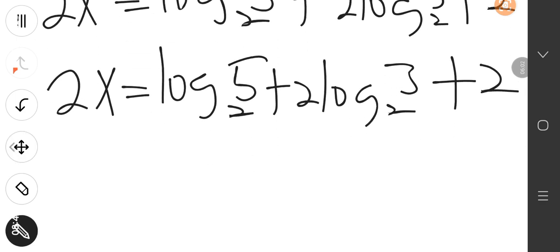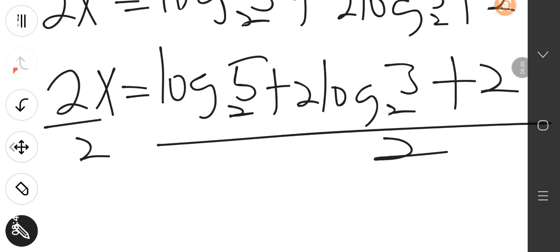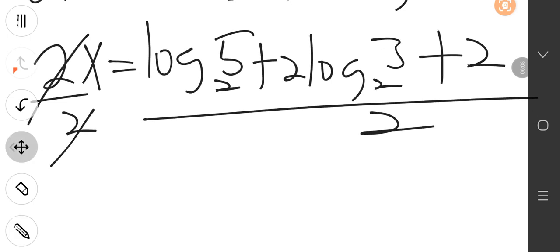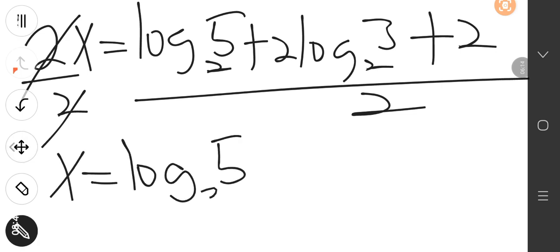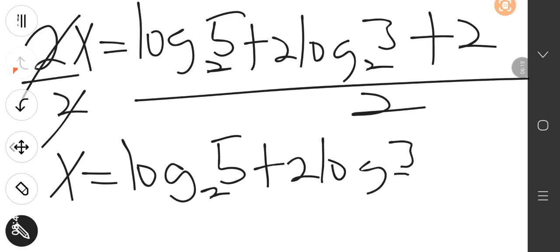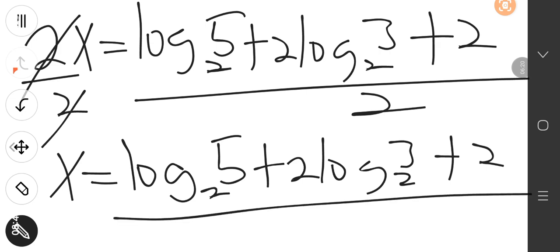Now make x the subject of the equation. So you divide here by 2 and then here by 2. Okay, so our equation becomes x equals log 5 base 2 plus 2 log 3 base 2 plus 2, all over 2.